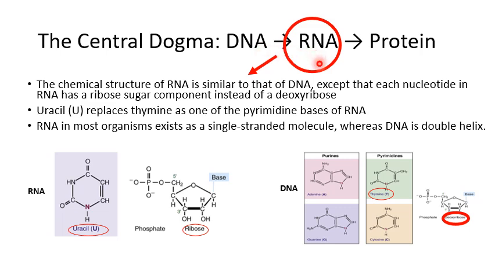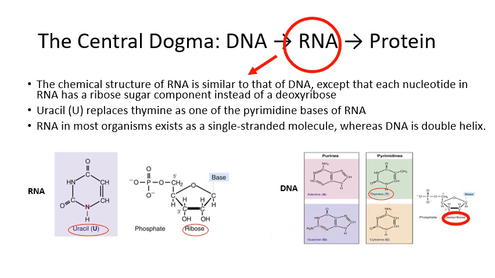The other difference is that RNA has a ribose sugar attached to its base in comparison to DNA, which has a deoxyribose. And the third difference is that uracil replaces thymine as one of the pyrimidine bases of the RNA.